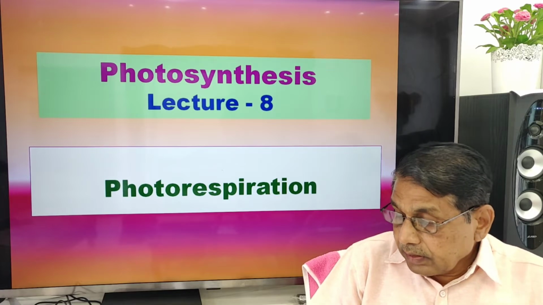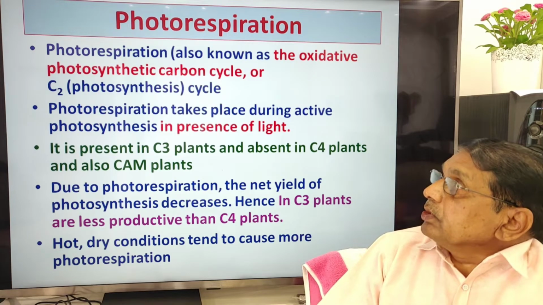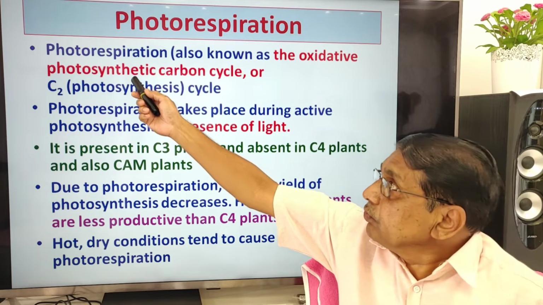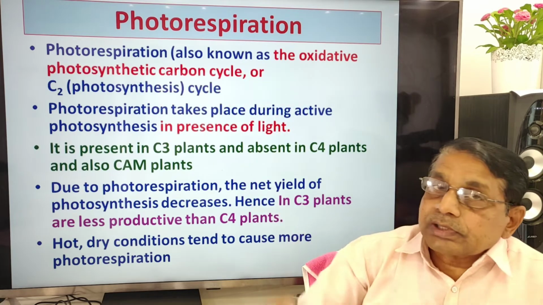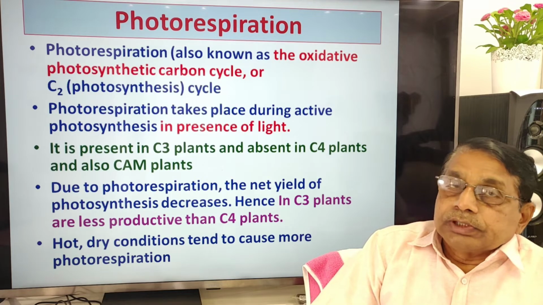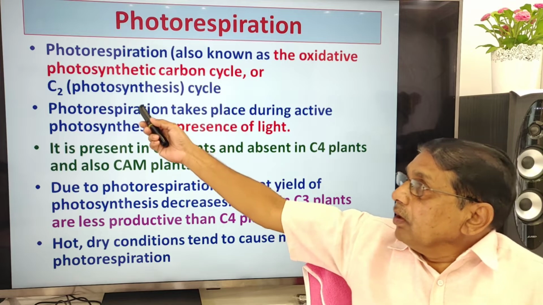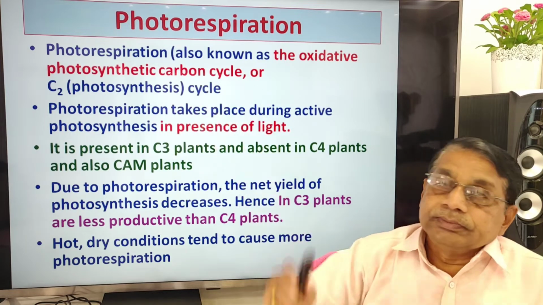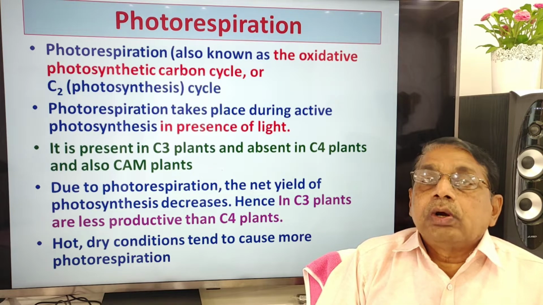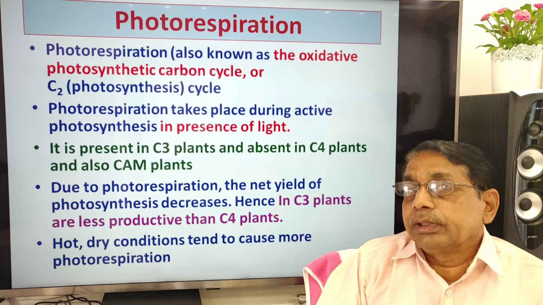It is also known as the oxidative photosynthetic carbon cycle or C2 cycle, because here a C2 compound is formed as the first stable intermediate.